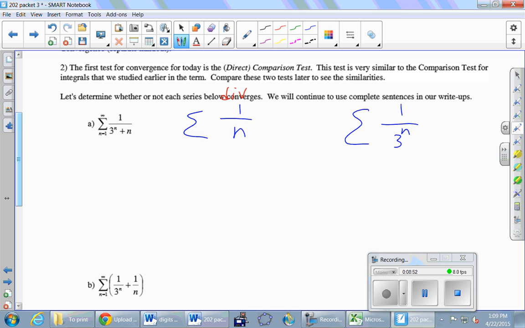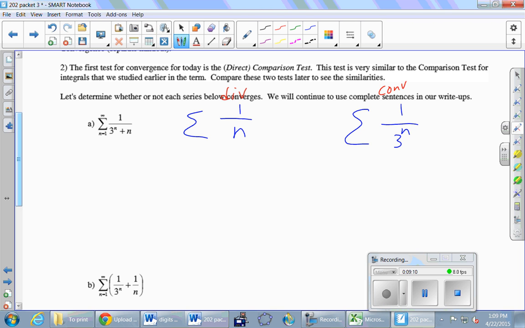1 over 3 to the n. If you think about listing the first few terms, 1 over 3, 1 over 9, 1 over 27. What kind of a series is that? That's a geometric series. What's the ratio for that series? It is 1/3. So does this series converge or diverge?